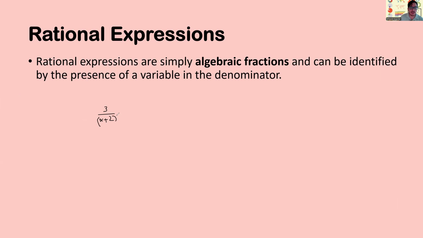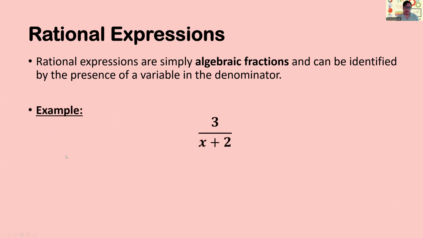And then it had some other terms. And I said that this cannot be a polynomial because we have the variable in the denominator, right? So whenever you have a variable in the denominator, it's a rational expression and you're getting ready to work with a rational function, okay?